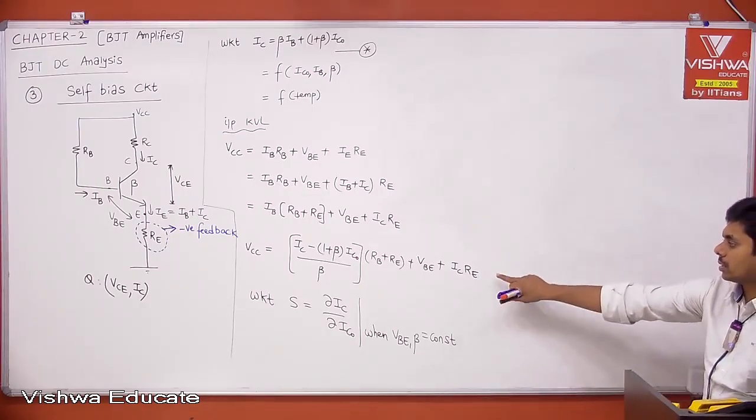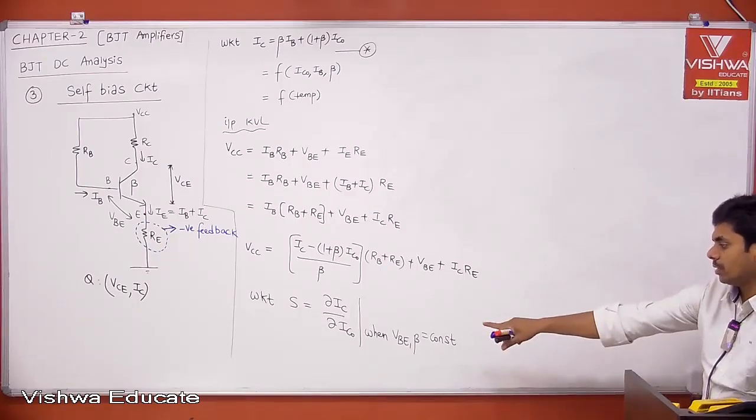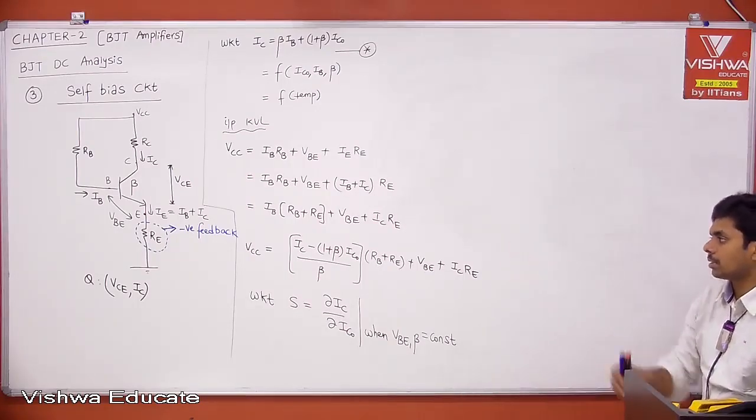Now just differentiate this equation with respect to IC naught, keeping VBE and beta constant, then you will get stability factor from this equation.